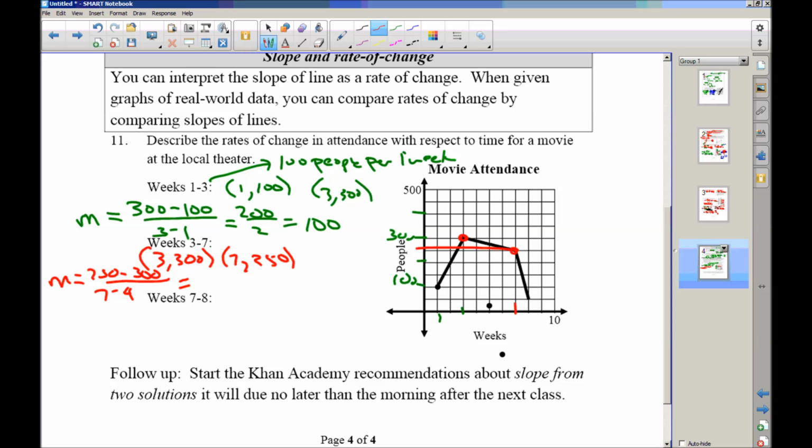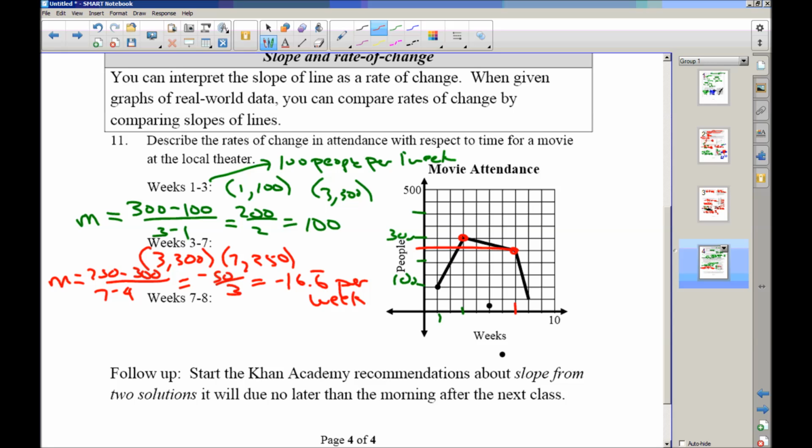So 250 minus 300 would be negative 50. 7 minus 4 is 3. So if I divide 50 by 3, we get negative 16.6 with a bar. So that means we are losing about 16.6 people per week.